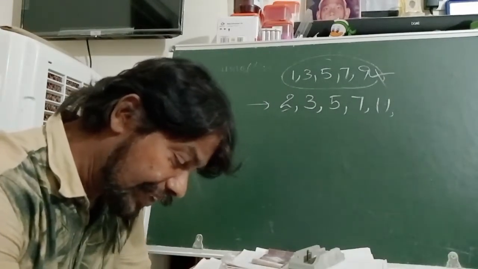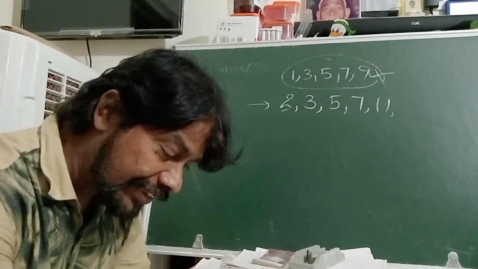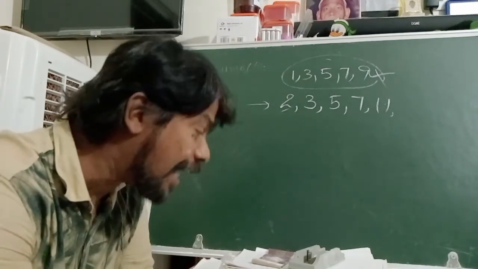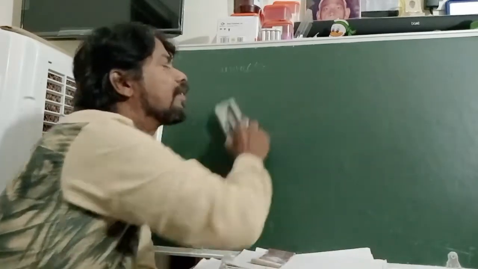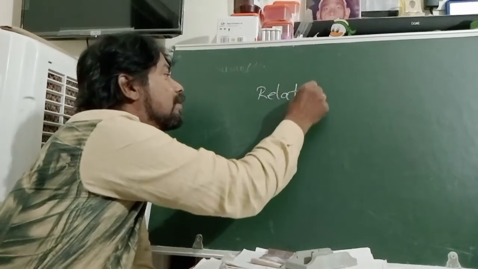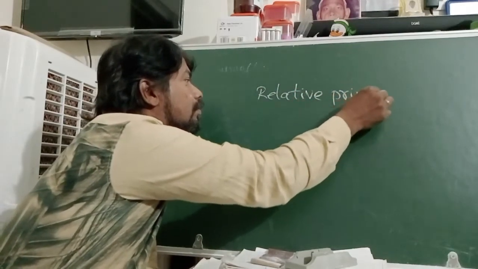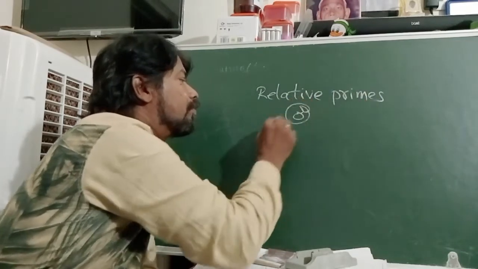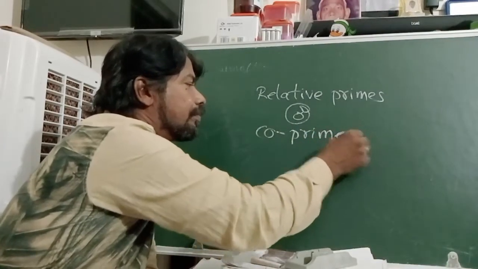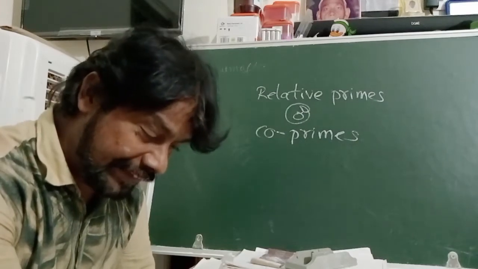Next one is relative prime numbers. Relative primes are co-primes. What is a relative prime or co-prime numbers?